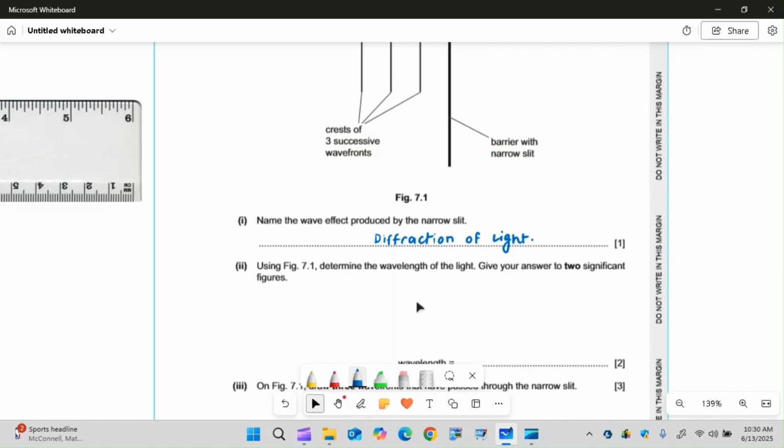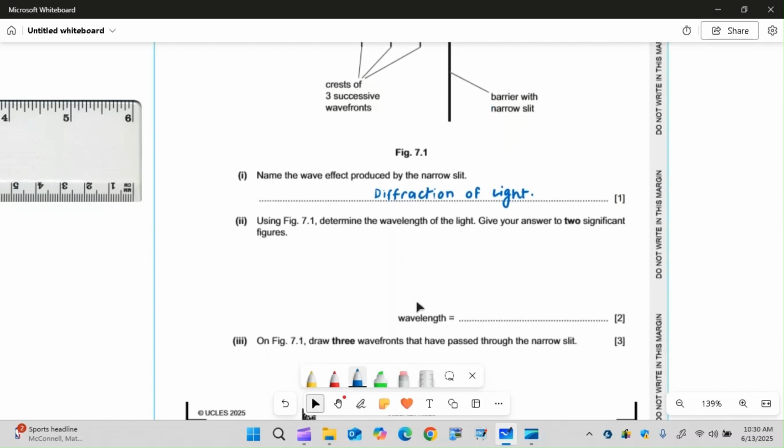The second part says, using figure 7.1 determine the wavelength of the light. First of all, wavelength is denoted by lambda, that we are supposed to find. Give your answer to two significant figures. We always give our answers to two significant figures. Now we are going to find the wavelength.